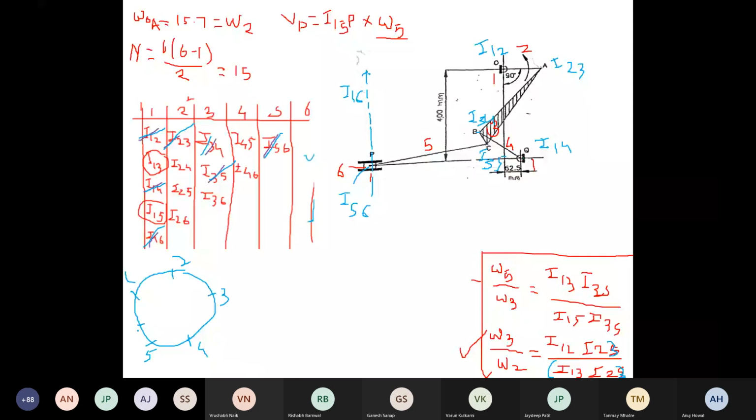Those ICRs are known from the table. 1, 2, you have to join here. Then 2, 3, 3, 4, 5, 6. Then 1, 4. Then 3, 5. And 1, 6. Yeah, 1, 6. Okay.